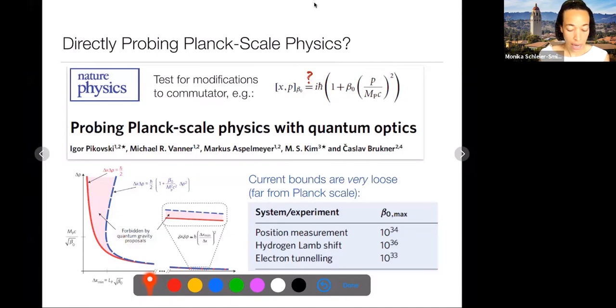And to give a sense of this proposal, they pointed out that any bounds on these are actually extremely loose based on any current experiments.